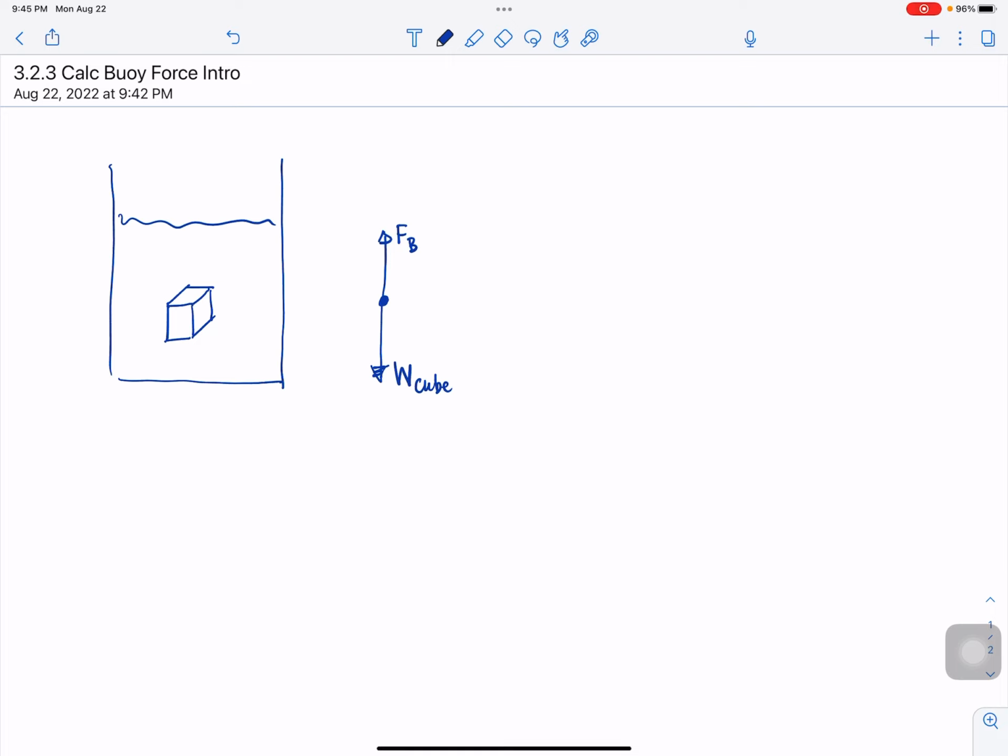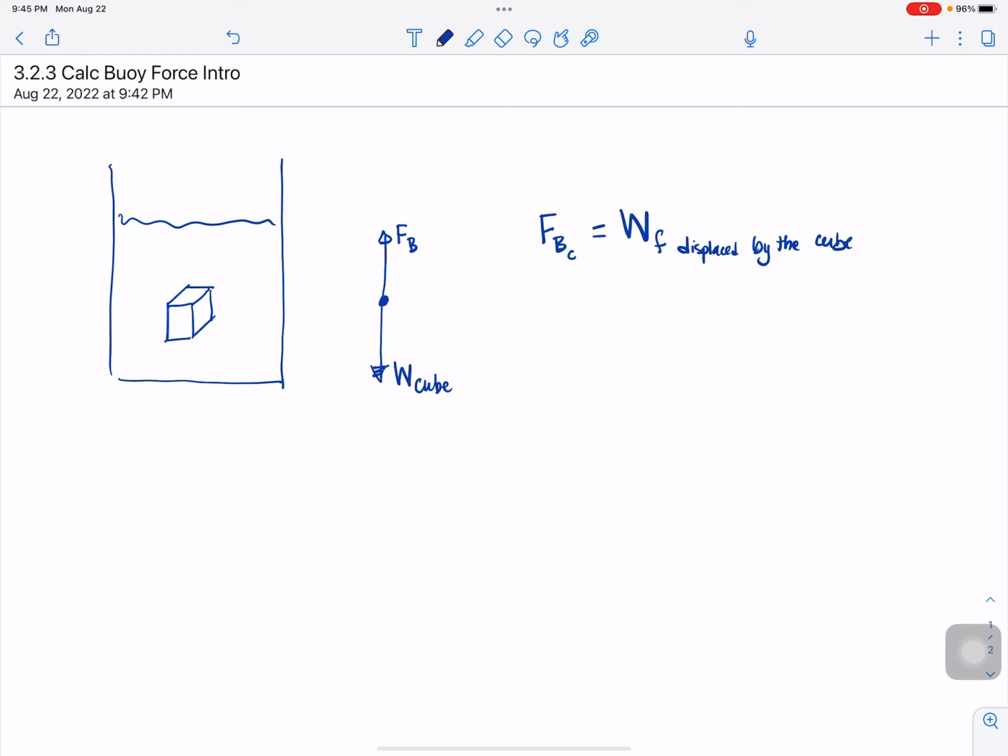Okay. And so what Archimedes' principle states is that the buoyant force on the cube is equal to the weight of the fluid displaced by the cube.